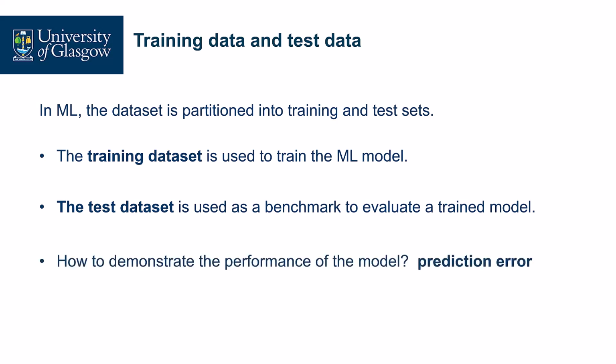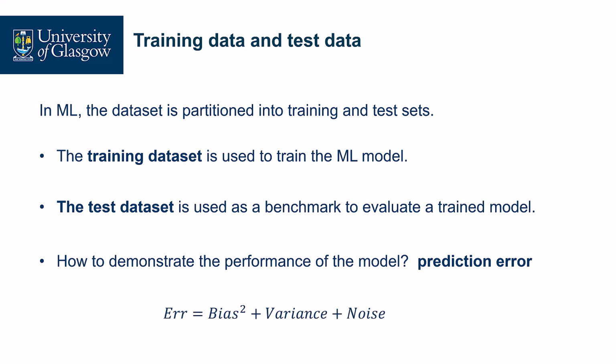To evaluate a trained model, we introduced the prediction error and gave an example with linear regression. In this session, we will go deeper into the prediction error. We will analyze what it is composed of and how to reduce it as best we can.